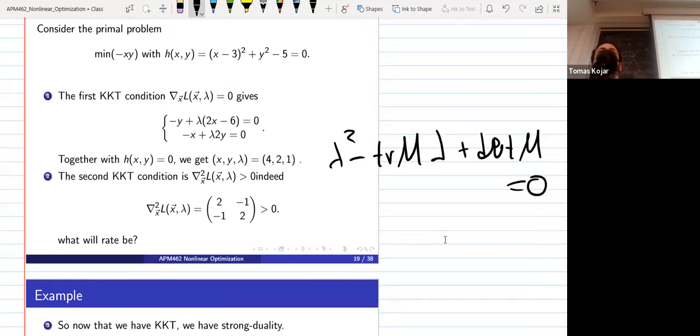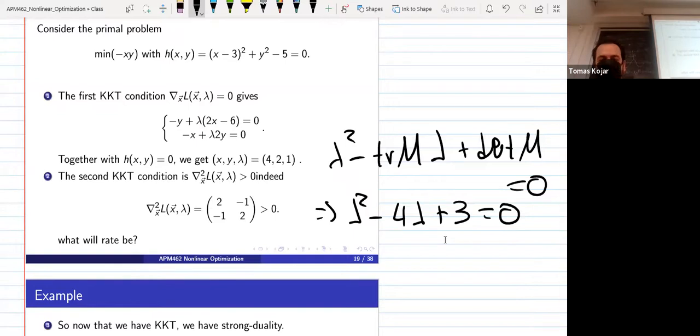I'm writing this because you need it for the final. There's no Wolfram Alpha. Maybe I should let you have Wolfram Alpha. Why not? Who cares? Good. Lambda squared minus 4 lambda plus 3.